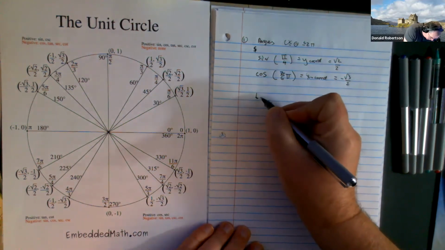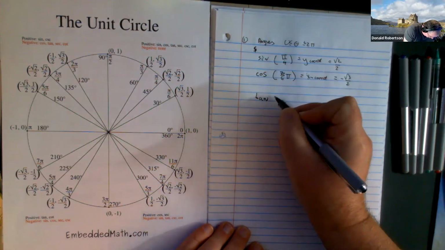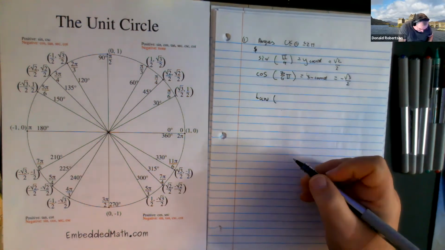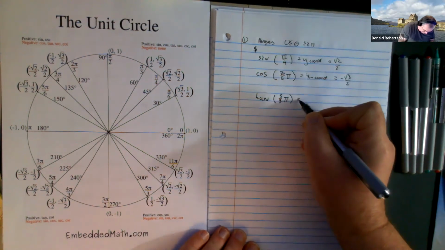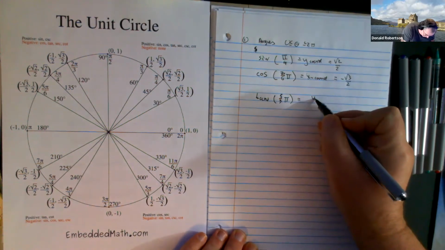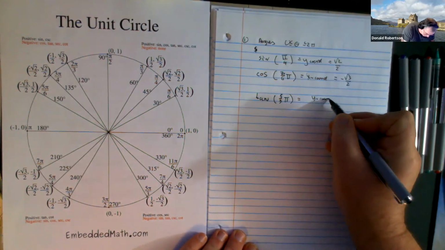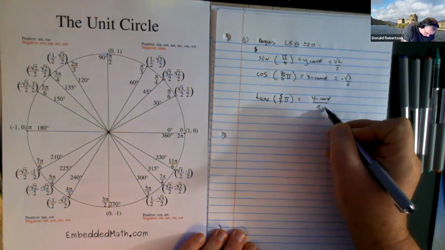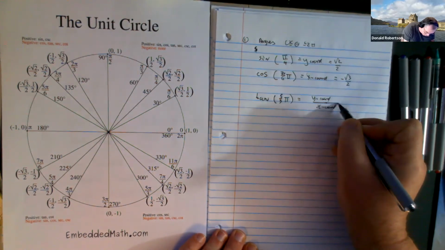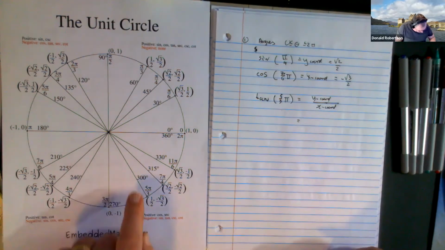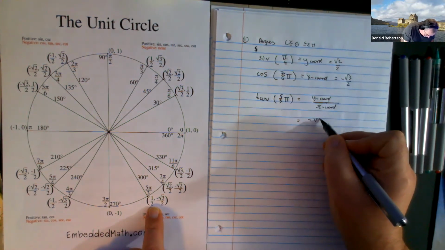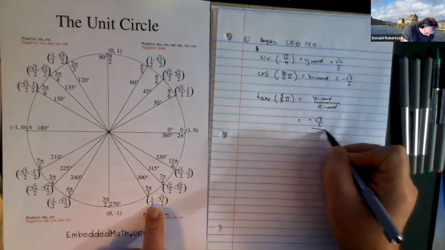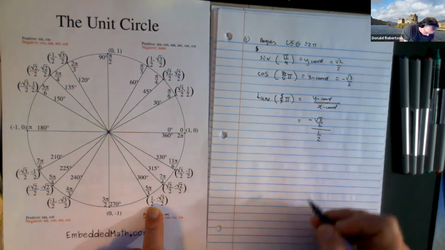So suppose I wanted to get the tangent of 5/3 pi. Now the tangent is the y coordinate divided by the x. So in this case, you're going to have some work to do. There's 5/3 pi, so here it is. The y coordinate is that guy, and the x coordinate is that guy.